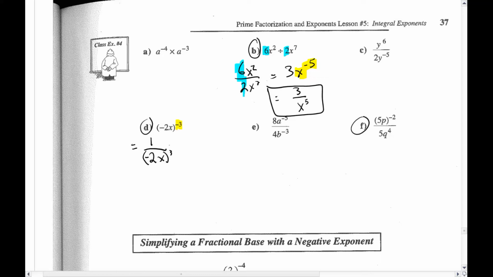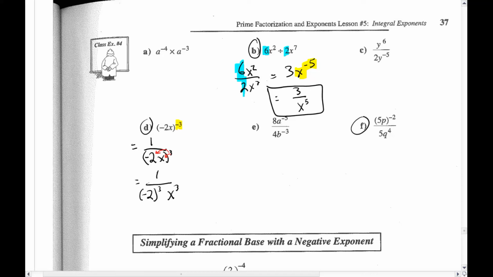And we've dealt with that exponent. It's happy now, it's positive. And now we can deal with these brackets here. That 3 is going to act on both terms in those brackets. So we have 1 over negative 2 to the power of 3, x to the power of 3.